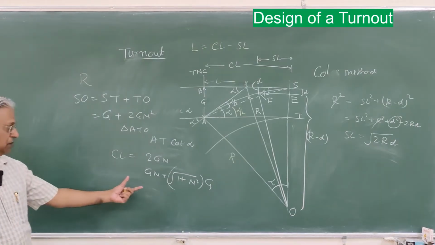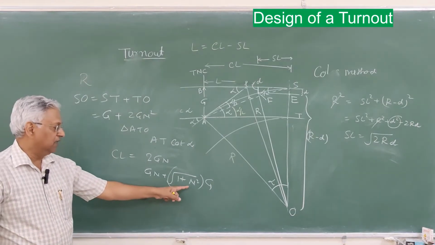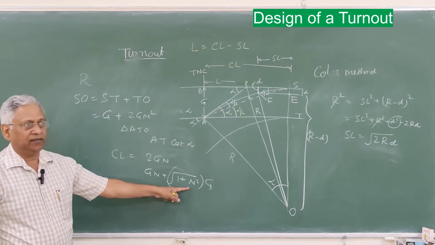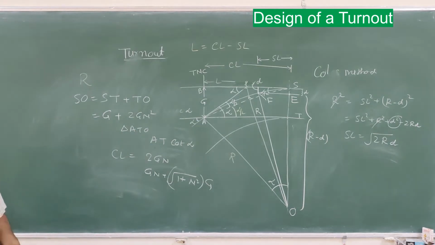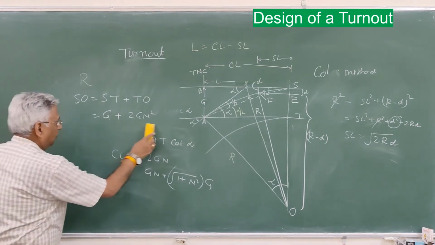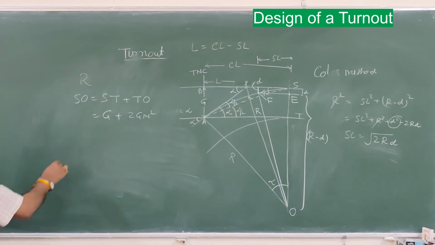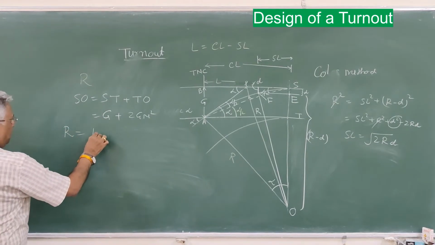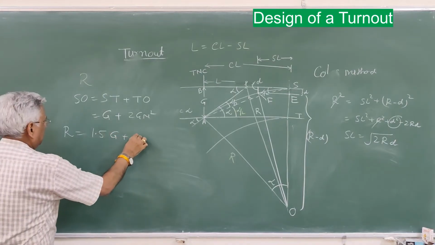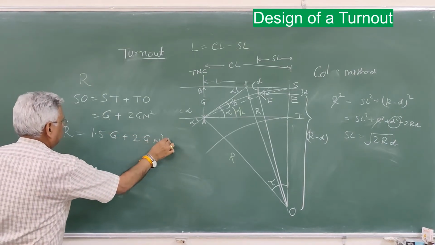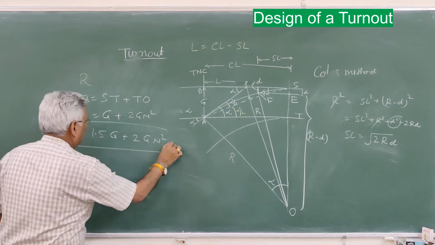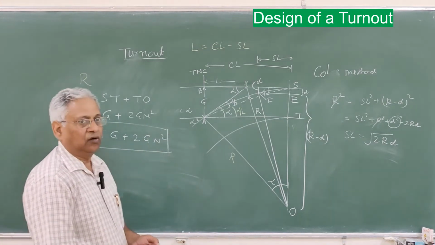But after this approximation, that 1 plus N square is equal to N square, a more correct value of radius will be 1.5G plus 2GN square. That is how you can find out the value of radius.